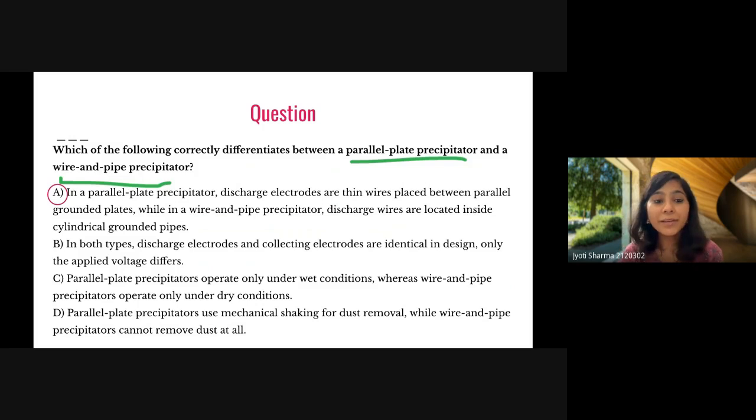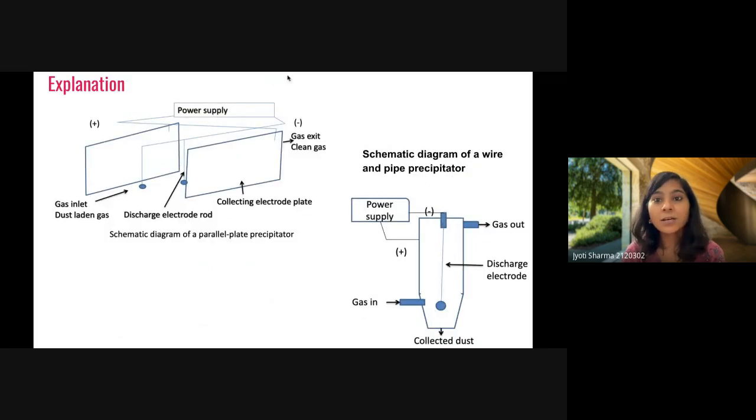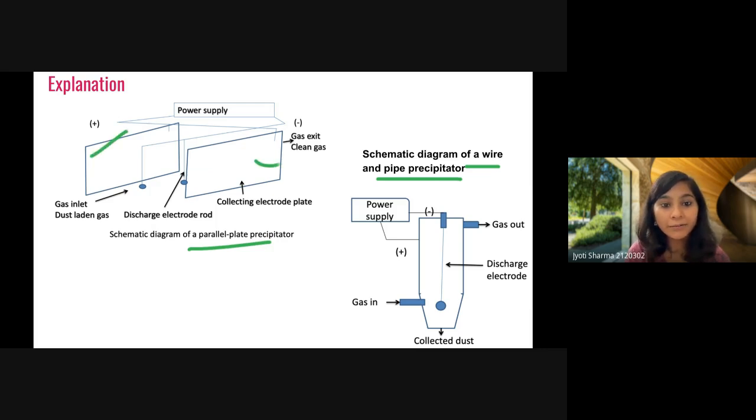Whenever we have parallel plate precipitator, then okay, let me show you before giving you the text. So these are two types of precipitator we have. This is the parallel plate and this is your wire and pipe precipitator. In parallel plate, we do have parallel plates that will collect, that is also known as the collecting electrode plate.